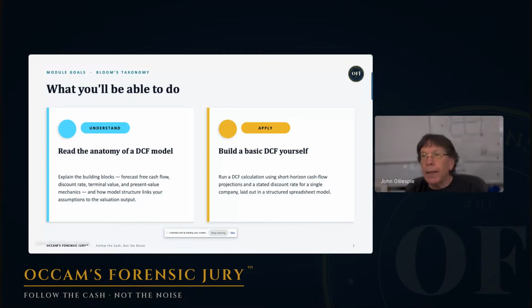All right, so by the end of today, you'll be able to understand the anatomy of a discounted cash flow model. And they're called models for a reason, right? People do their best to build what they believe is a real world simulation of how a company is going to do in the future.